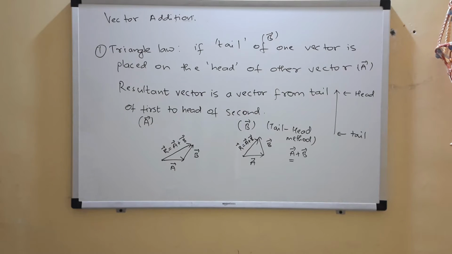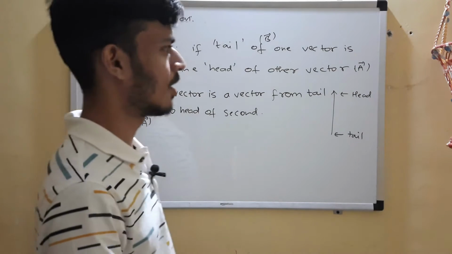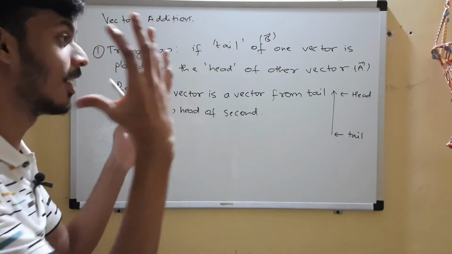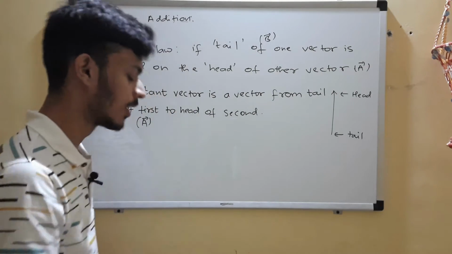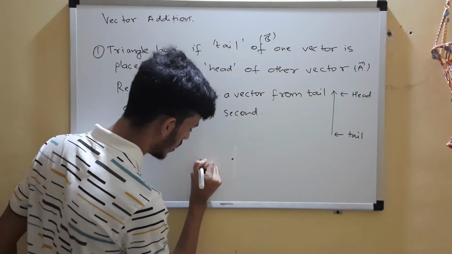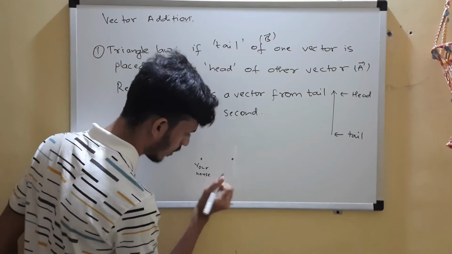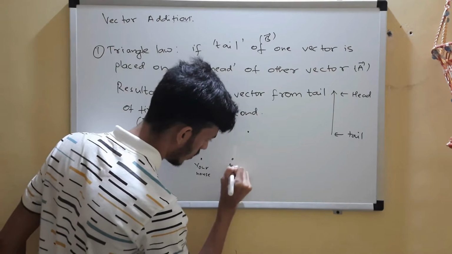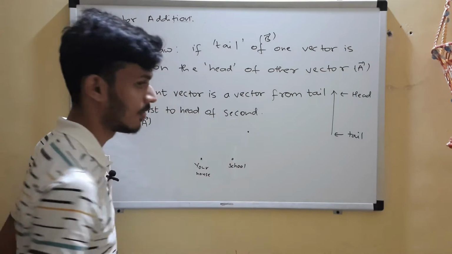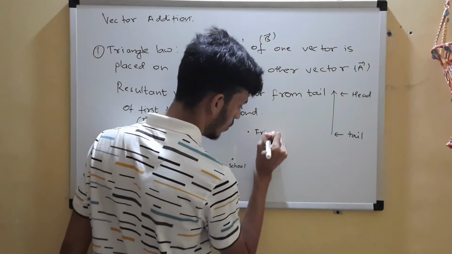I'll give you a simple analogy now, because this head-tail logic is a headache. So now get into the story. Suppose this point is your house, and this is your school. Your friend has invited you for a party, of course at his house, not at school.